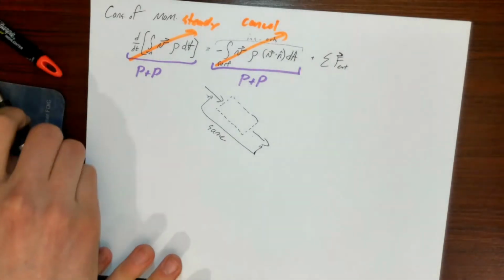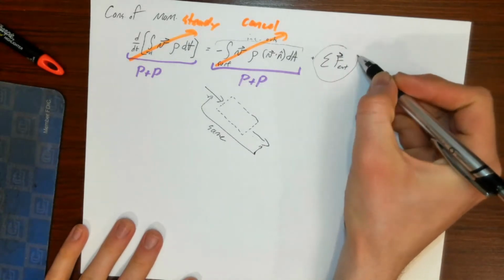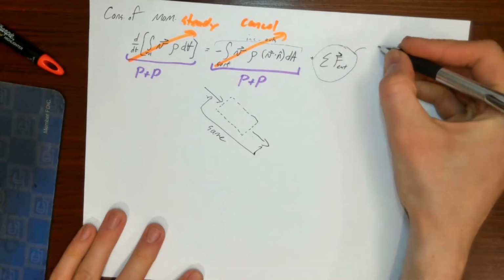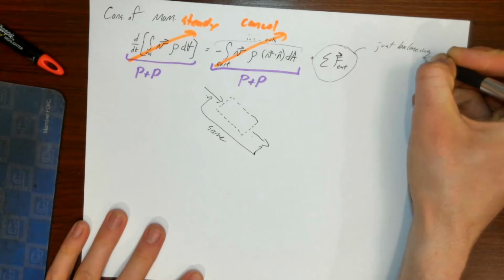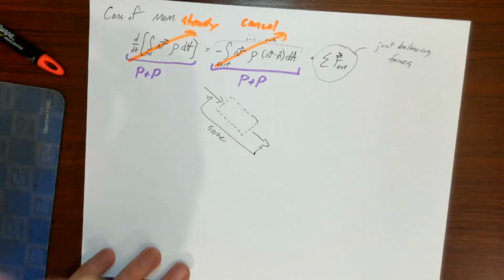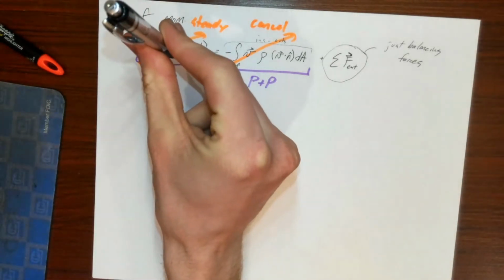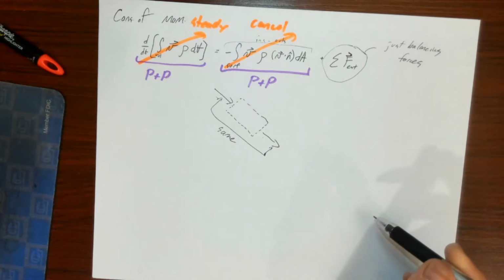So what does this mean? This means for both x and y momentum, we're essentially just balancing forces, right? And of course, if we think back to problems that we solved in mechanics, if we had something just trucking along at constant velocity, that was essentially the same as a statics problem.